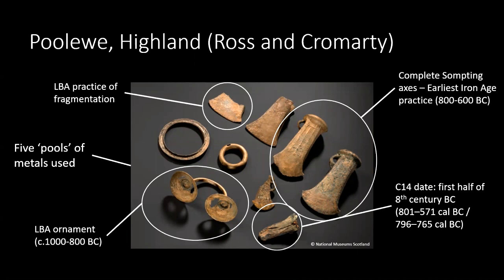Peter Northover has undertaken metallurgical analysis of this hoard, indicating that 5 pools of metal were used as indicated by various trace elements and impurity patterns. What this basically means is that this is not a homogenized collection of metalwork. This was not all produced from one pool undertaken by one craftsperson. This is a collection of objects, some of which were clearly old, some of which incorporated older practices, alongside newer ways of treating objects, newer objects that were entering the system.